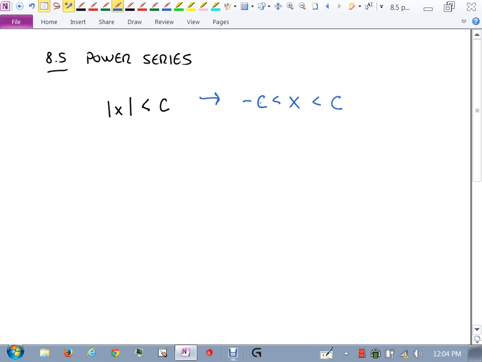When you say the absolute value of x is less than 2, what you mean is that x is between negative 2 and positive 2. Like on a number line, your x's would have to be somewhere in here, in between negative 2 and 2.